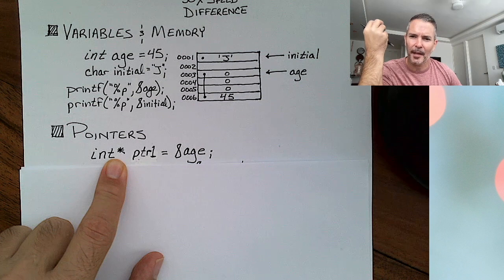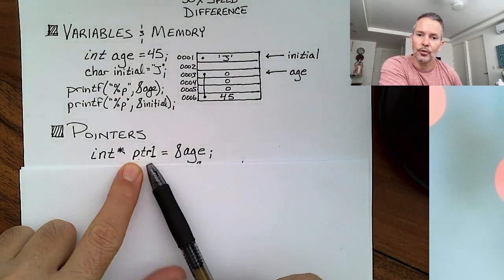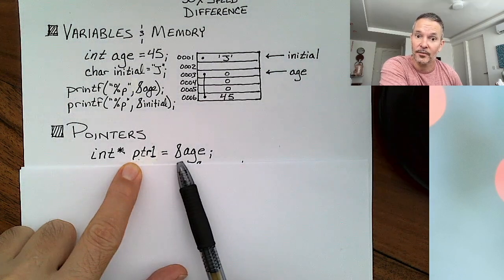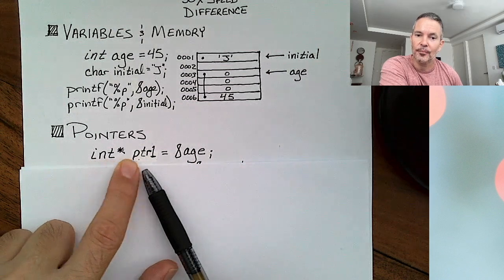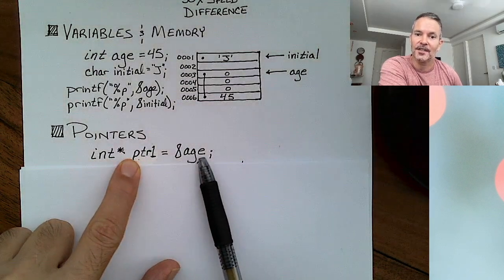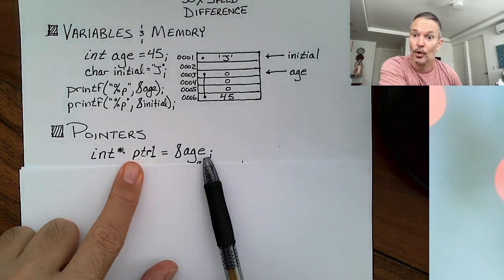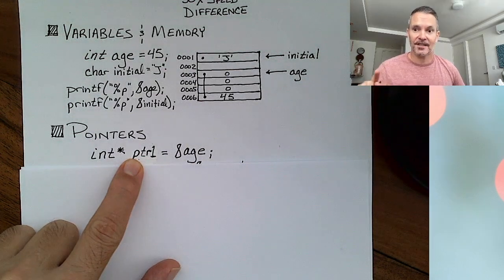So what do I mean by a pointer? What a pointer is designed to hold is precisely the address of a variable. So here I assign to the integer pointer the address of the variable age. This is what a pointer is made to hold. It doesn't hold an integer, it holds an address of an integer.